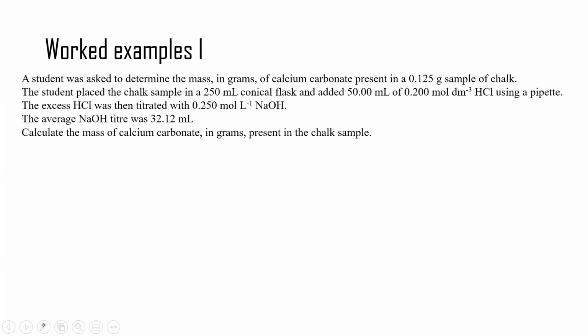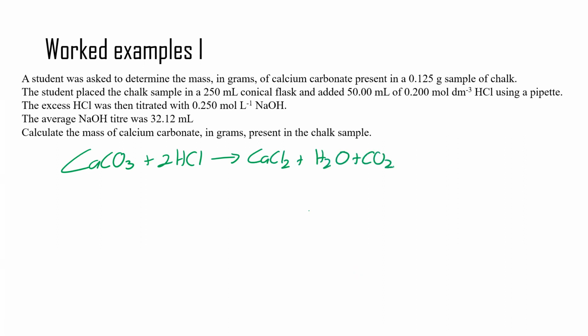Calculate the mass of calcium carbonate in grams present in the chalk sample. So the first thing you need to do is write the equations. So let's start by writing and balancing the equations. Remember, an unbalanced equation will make life very difficult for you later on.